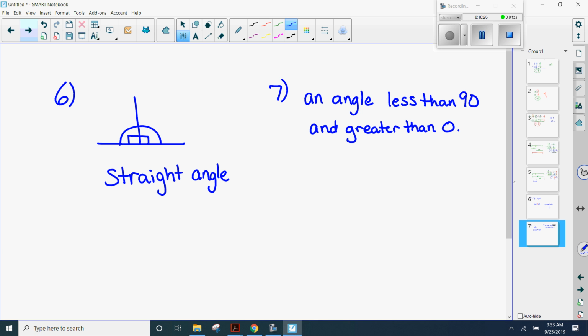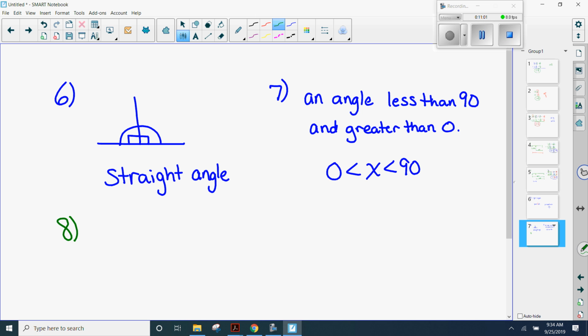Do you remember a way we can write that? Show that as an inequality. So an angle whose measure is greater than 0 and less than 90. It's another way we could show that. Great.